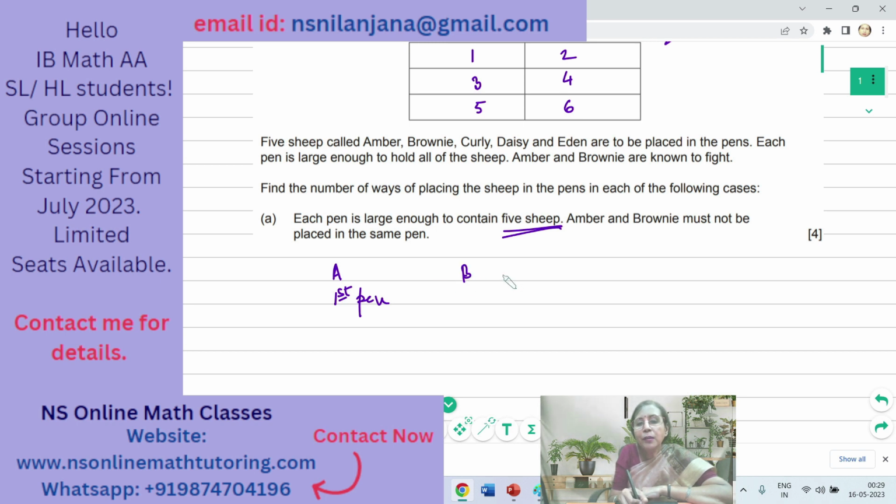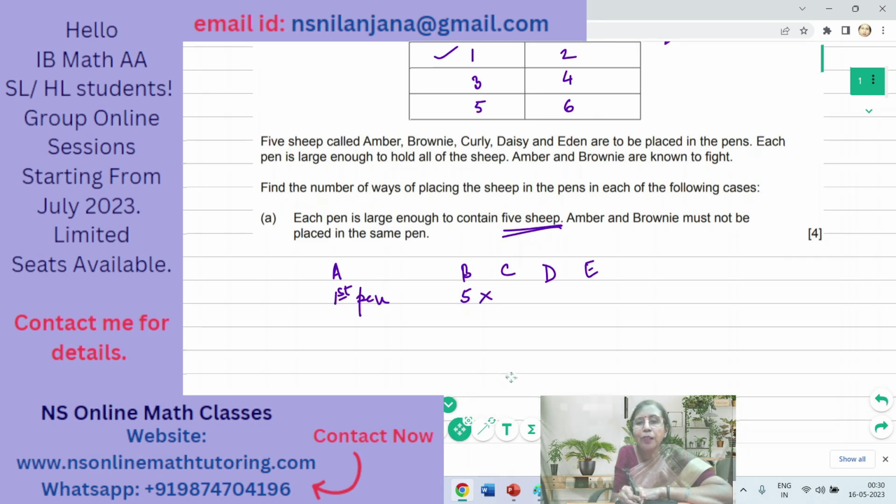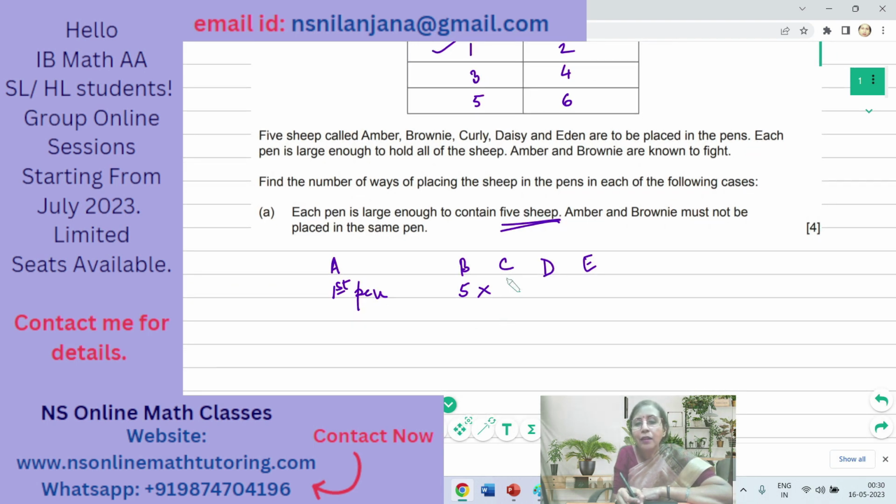What happens to Brownie, Curly, Daisy and Eden? Since A is placed in the first pen, Brownie cannot be placed in this first pen. Brownie is having 5 options remaining, in any of these 5 remaining pens. So it is 5, multiplied by Curly.